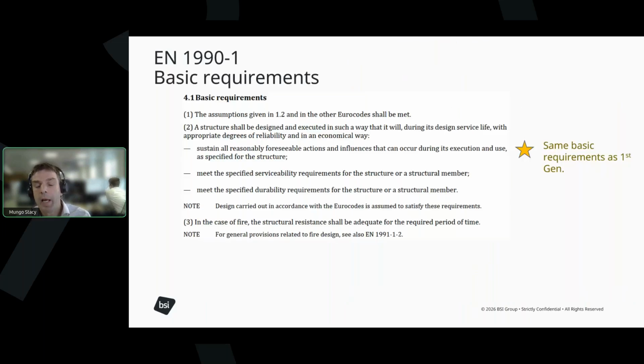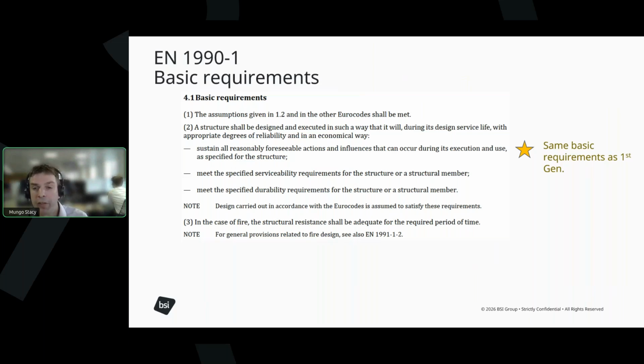So a bit then of a dive into what EN 1990 gives, and also a bit of reassurance, because many of the fundamentals of how Eurocodes work are either unchanged or very similar to what we've become used to with the first generation Eurocode. When we start at the start with the basic requirements, the second generation Eurocode have the same fundamental requirements as were present in first generation Eurocode.